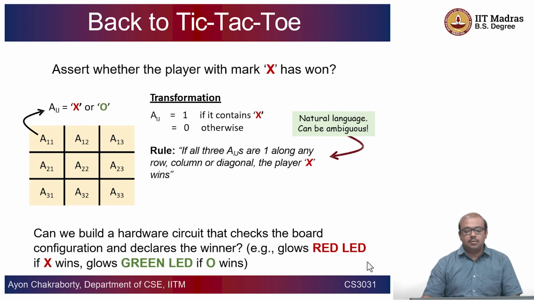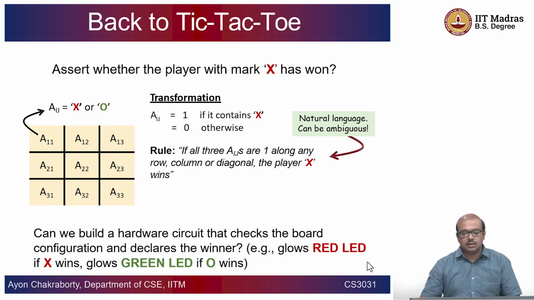Now back to the tic tac toe game that we have just introduced. We were interested in designing a circuit for this. We are not going to design the entire circuit right now, because that requires us to go into much more detail about how to design combinational circuits, but we can always scratch the surface and see how things look.